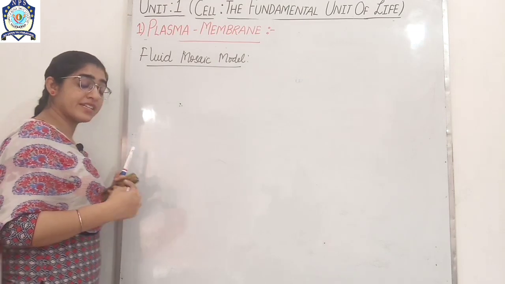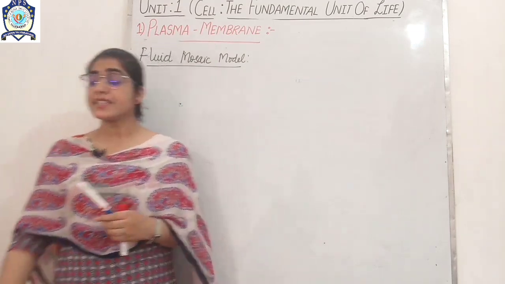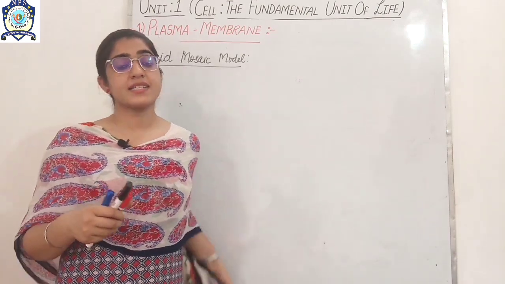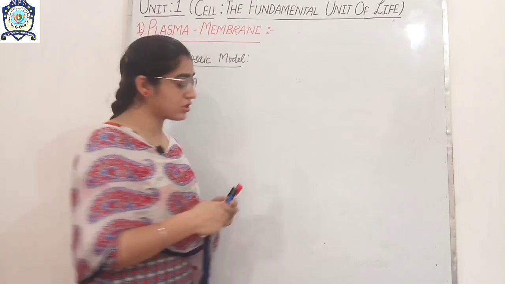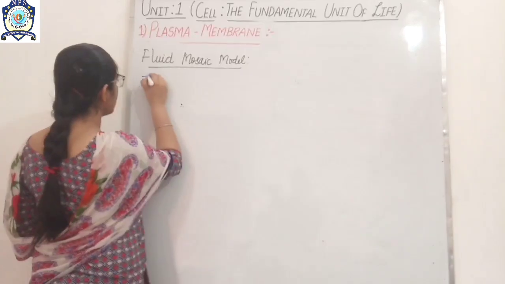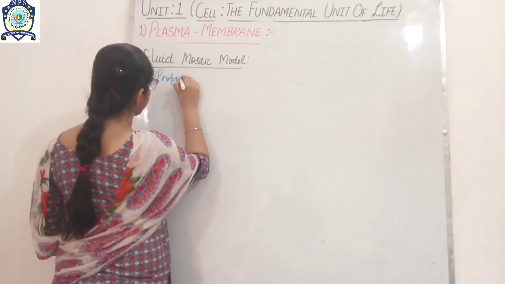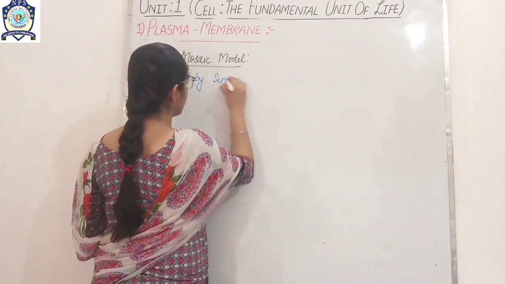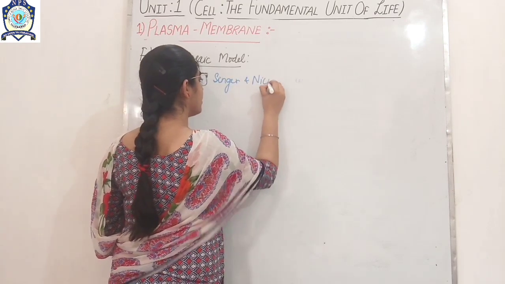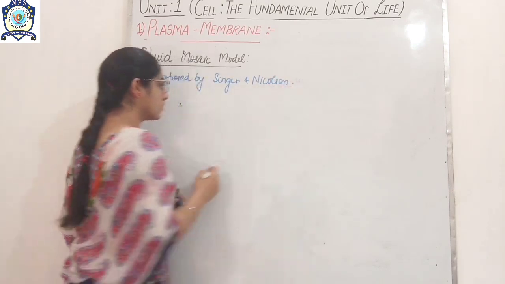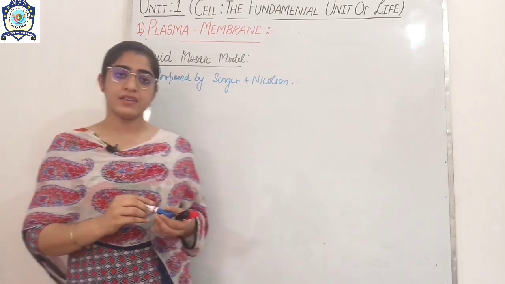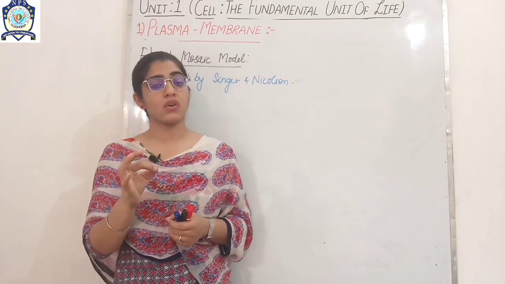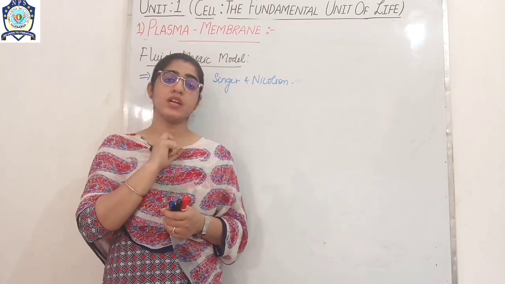First of all, students, the fluid mosaic model was proposed by two scientists, Singer and Nicholson. According to this model, the plasma membrane is a bilayer of phospholipid molecules.